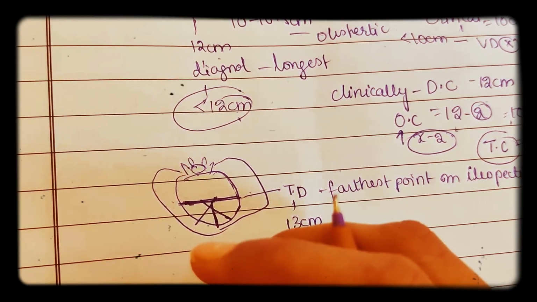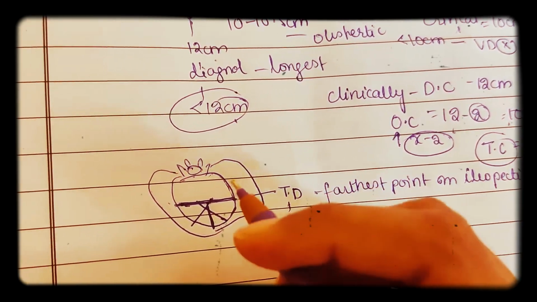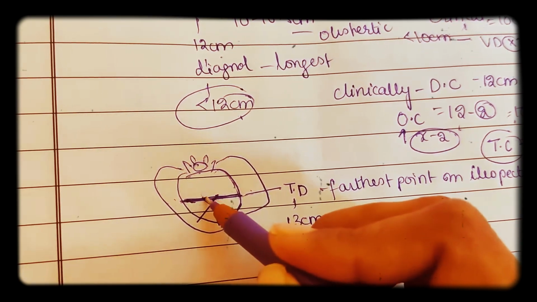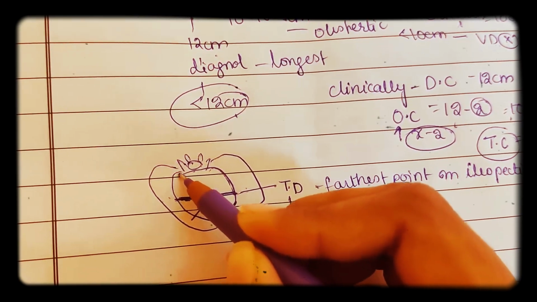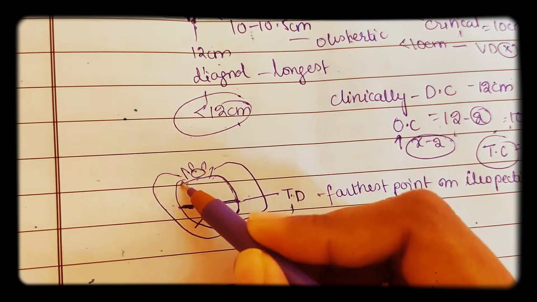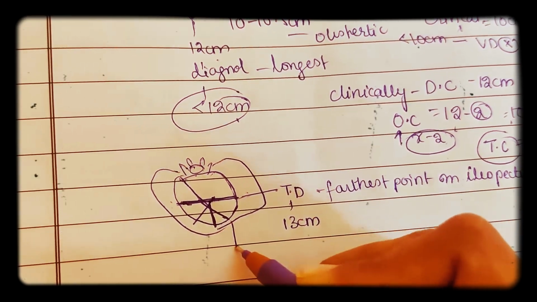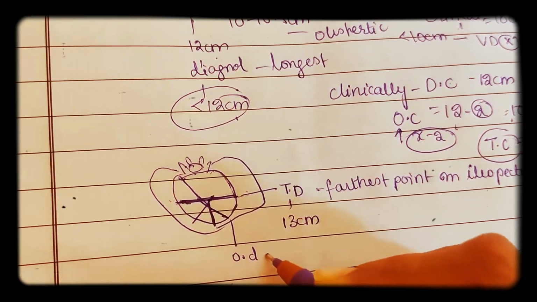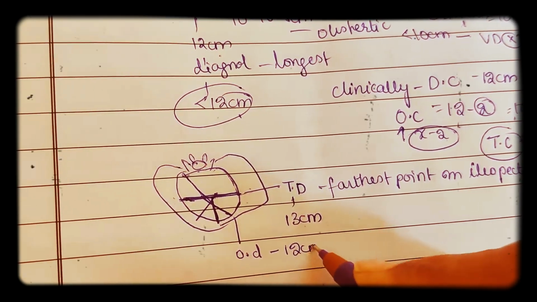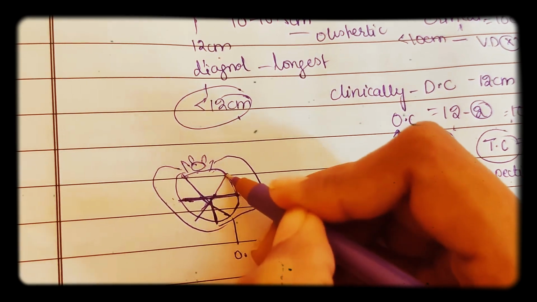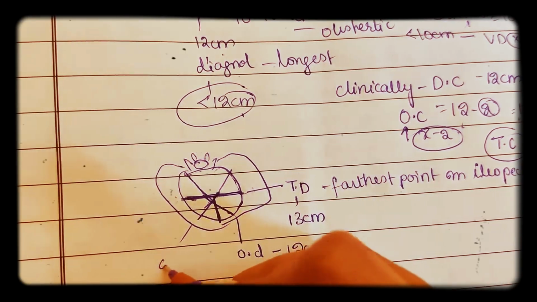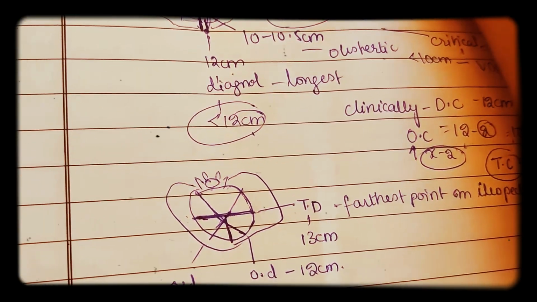Next, coming to the oblique diameter, it is the distance from one side of the sacroiliac joint to the other side's iliopectineal eminence, and this is of about 12 centimeters. This oblique diameter is of two types, right oblique and left oblique diameter.